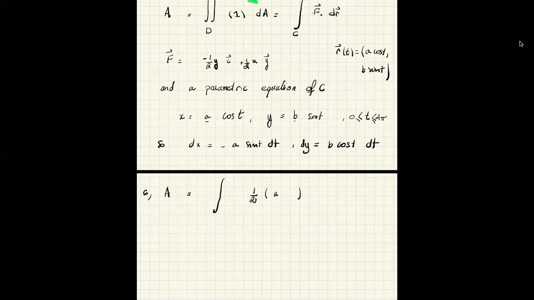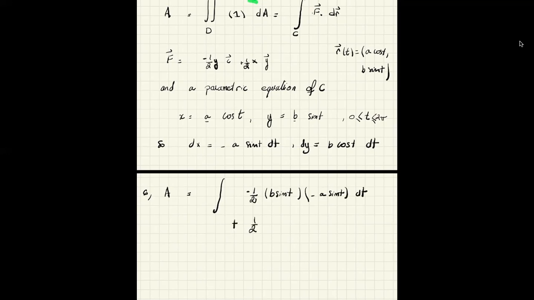So now y is, what is y? It's b sine t. And what is dx? It's minus a sine t dt, plus 1/2.